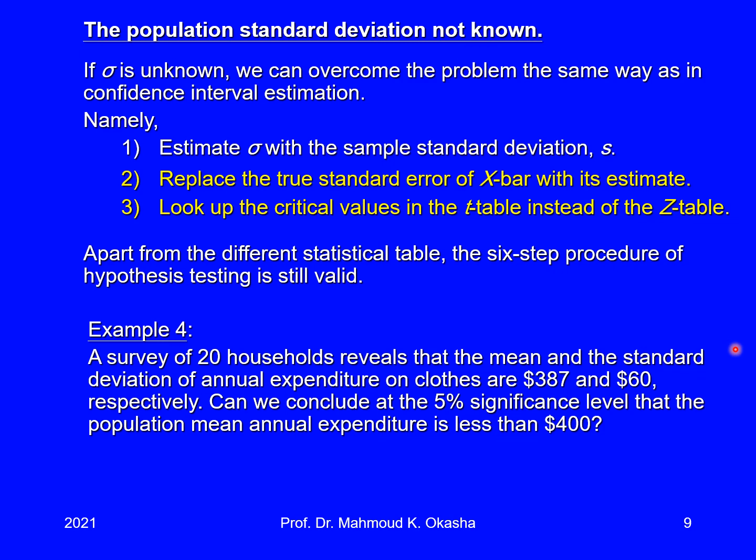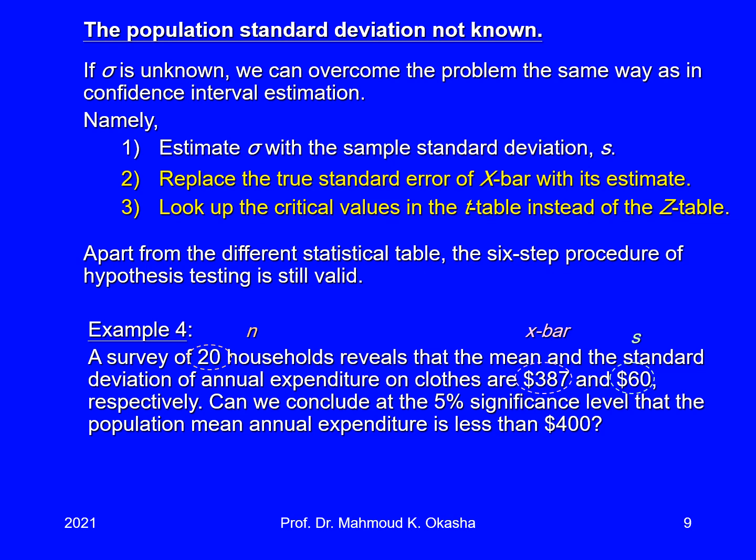That means, if mu is less than 400, given that n equals 20, s equals 60 and x bar equals 387. Can we conclude that mu is less than 400?